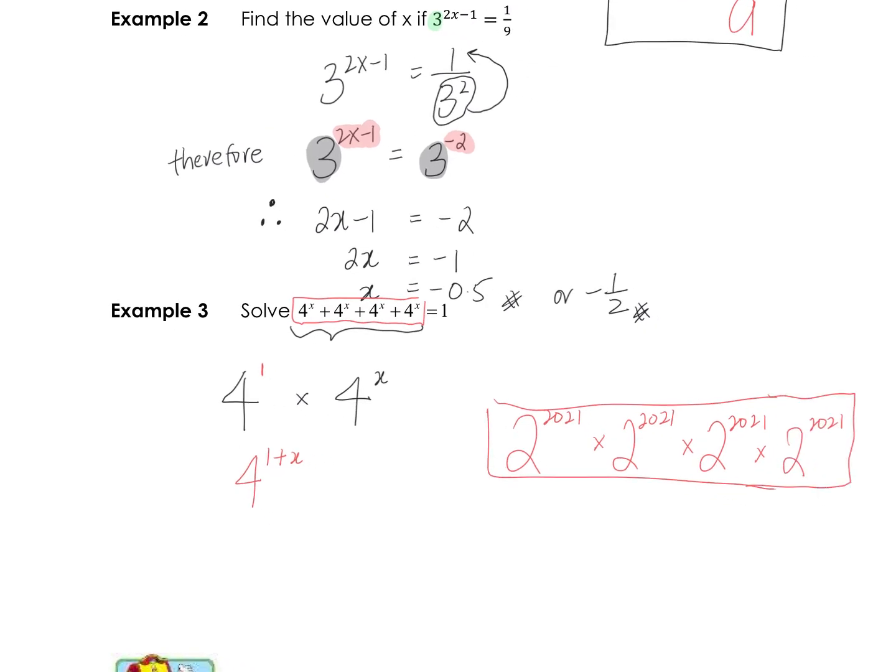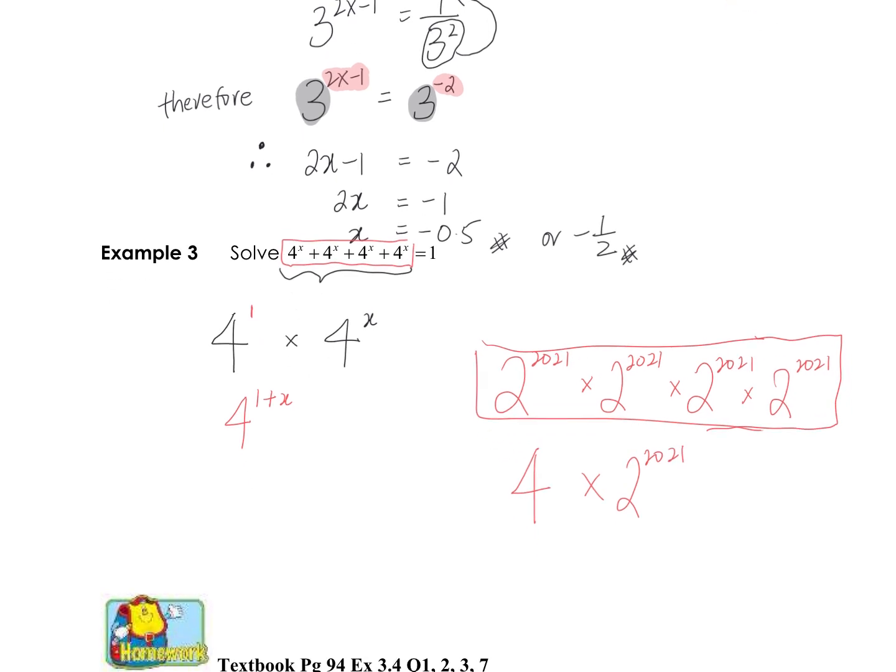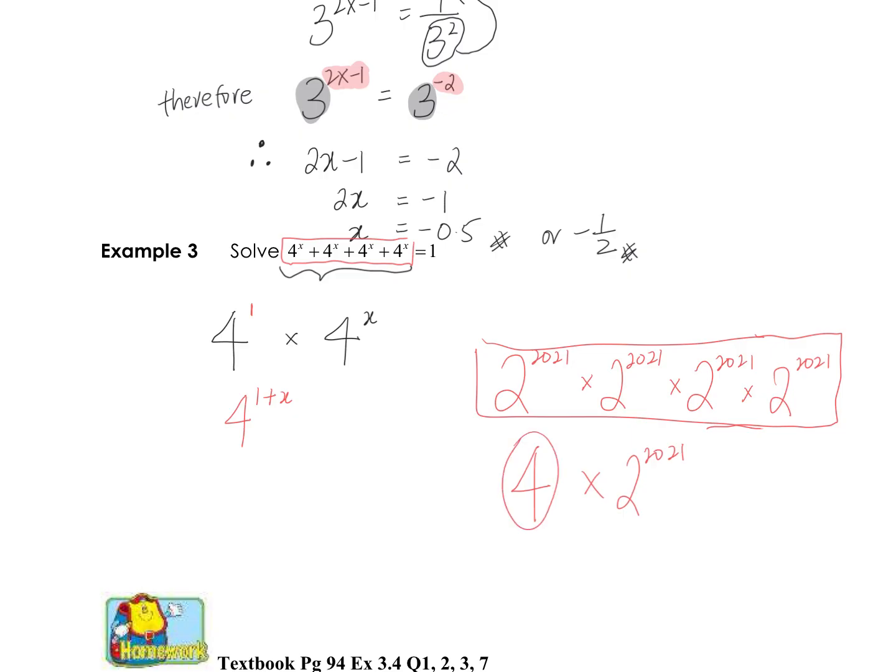How many times am I multiplying this by itself? 4 times. So can I change 4 to the power 4 to a base 2 number? This is 2 bracket, the power. So this is just 2 squared, right?